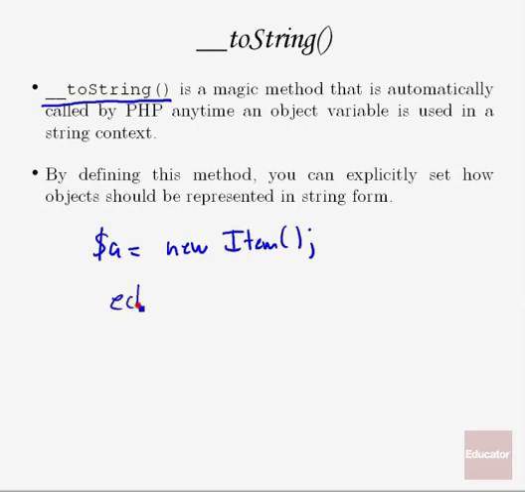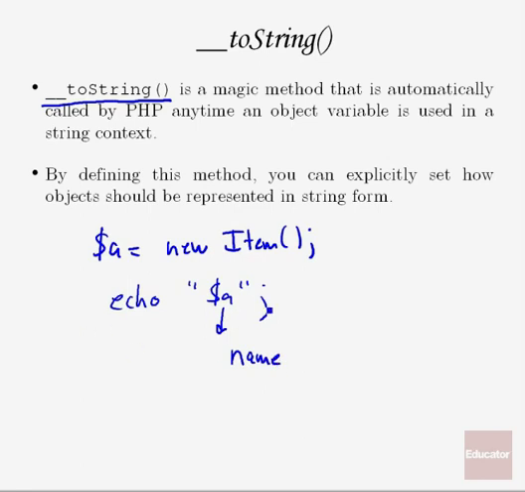Anytime you use that object variable in a string context, for example within an echo statement, this toString method is going to get called automatically if it exists. And if it exists, it allows you to say how you want to output the particular object as a string. So for example, for an item, we might have it output as its string the name of the item.